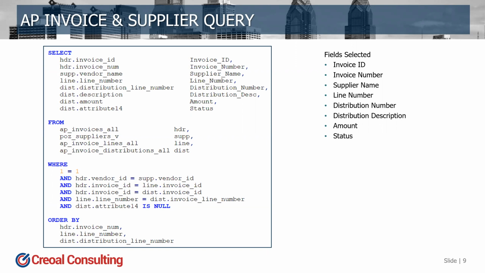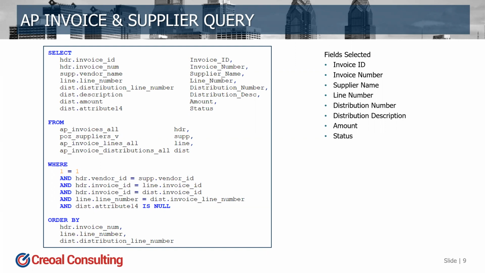In this case, I'm primarily selecting AP invoice data but there's also a field in there that's from the suppliers module as well. All of the fields selected here are listed to the right, just for ease of reading this.